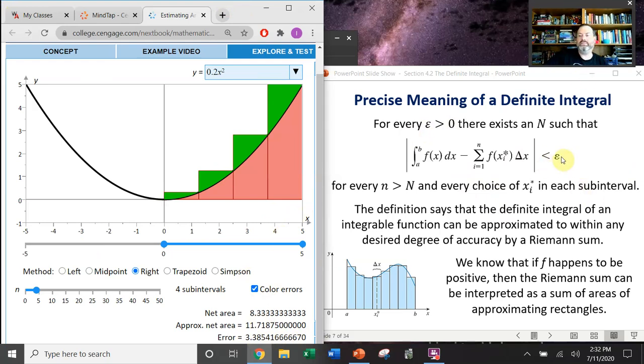So here's the idea. Give me an error. Just pick a number and say, can you get the absolute value of the difference between this red part, which is the actual curve, area under the curve, and the Riemann sum. So the Riemann sum is the green plus the red. I can color it red, it doesn't make any difference.